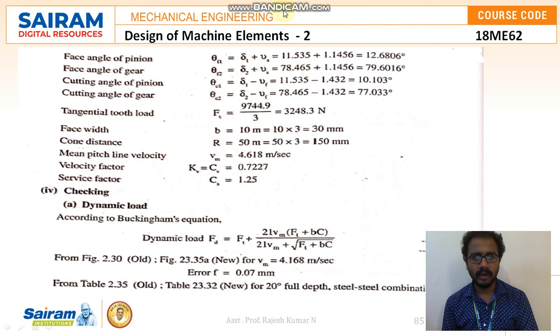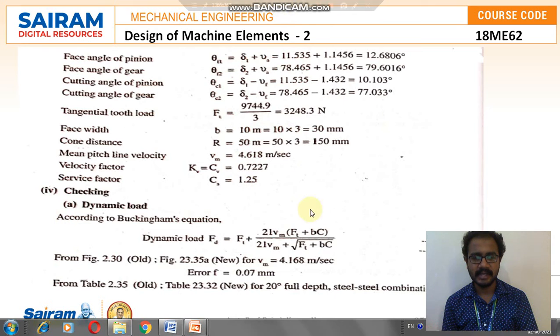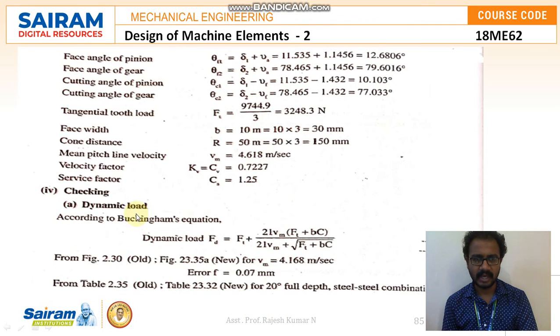So we can directly move to the last step, which we have not discussed in detail in the previous problem, that is checking. First let me check the dynamic load, that is formula 23.468. The formula is Ft plus 21 into V into (Cb plus Ft) divided by 21 into V plus square root of (Cb plus Ft). Here the V value is 4.168.